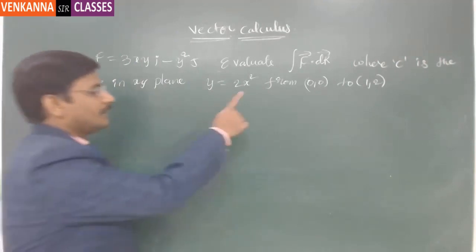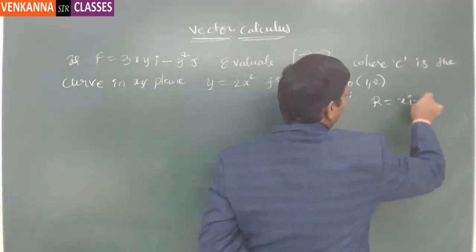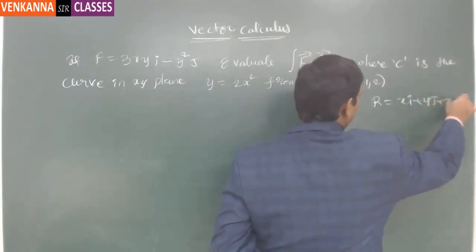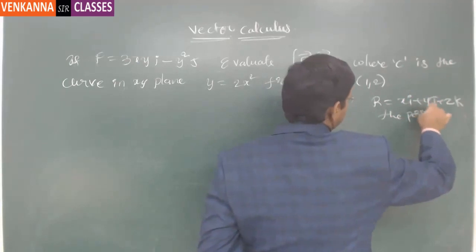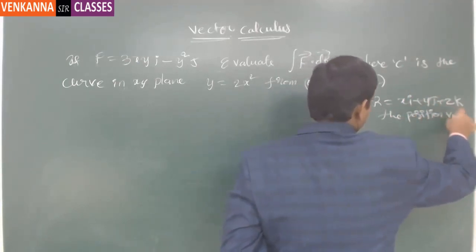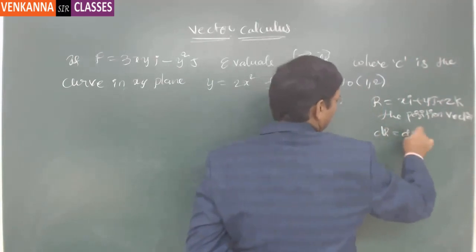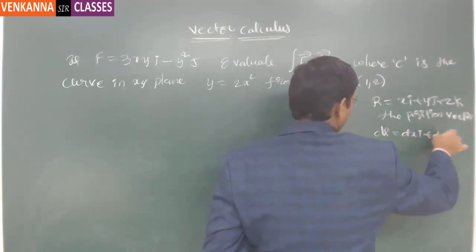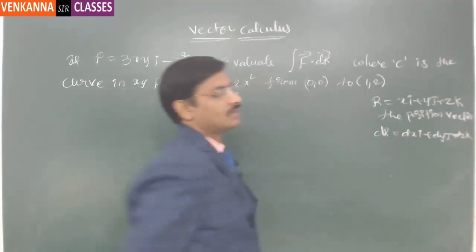So F dot dr. Here r is in the standard format xi plus yj plus zk, which is nothing but the position vector. Now dr is nothing but dx i plus dy j plus dz k, so this is the differential vector of the position vector.